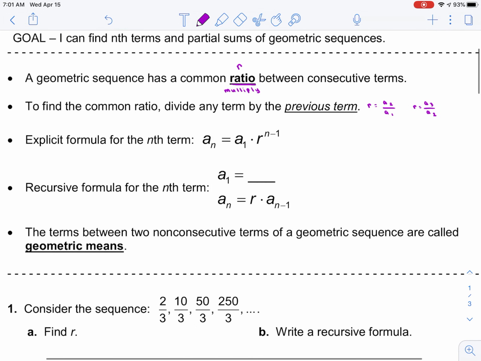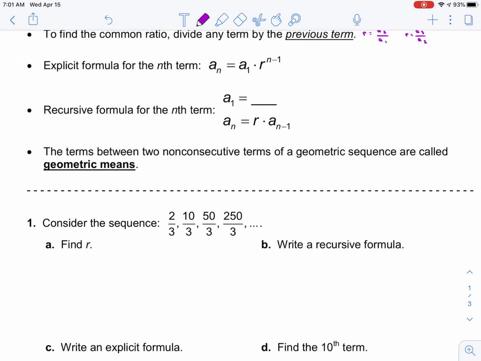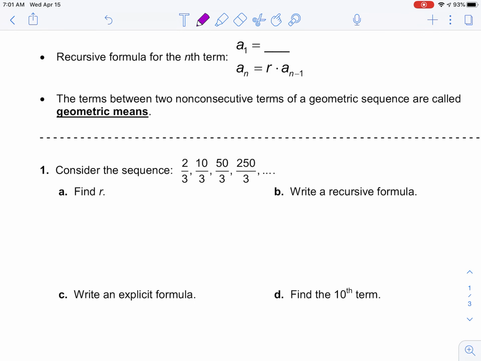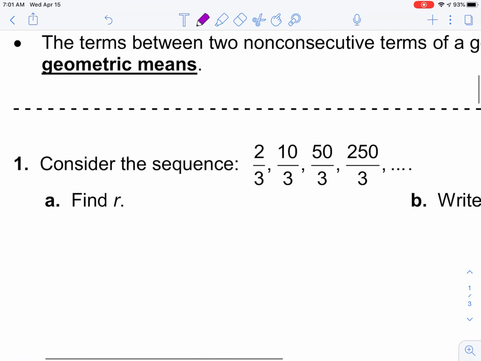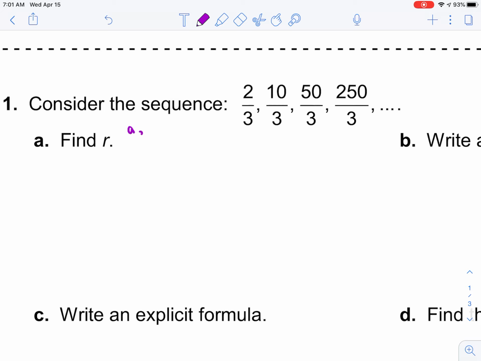There are two different ways you can write rules for this, explicit versus recursive. I'll go through each in the first problem. If you can't identify what value you are multiplying each time to get to the next term, then you can use that little trick where you take the second term and divide it by the first.